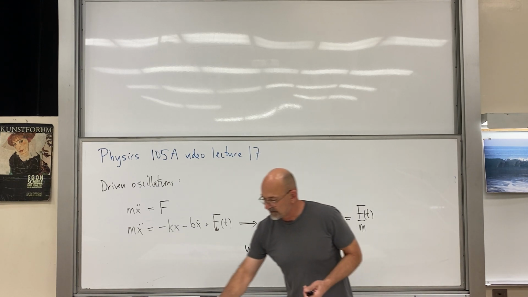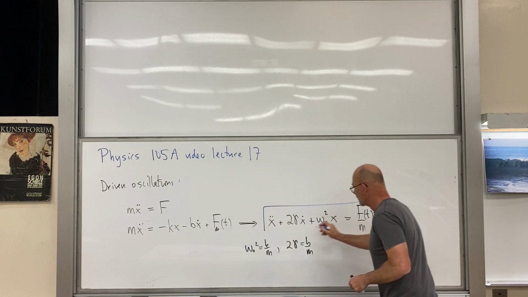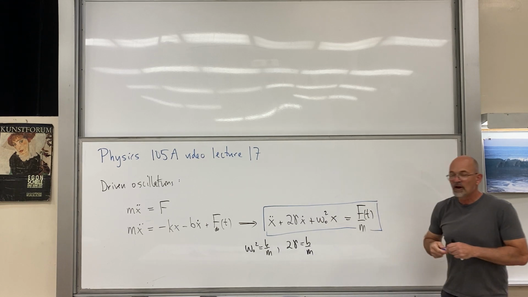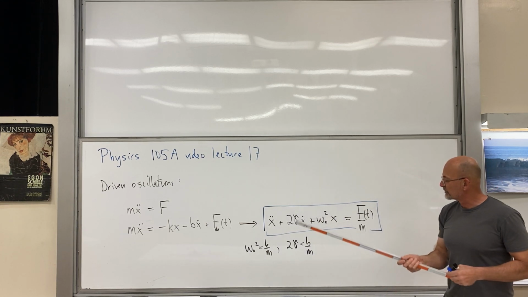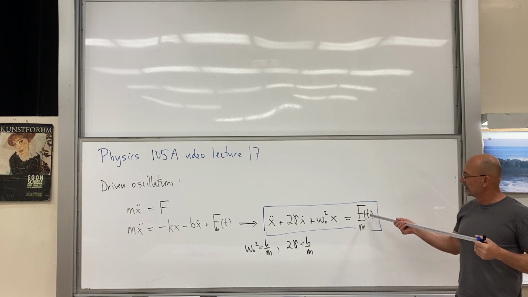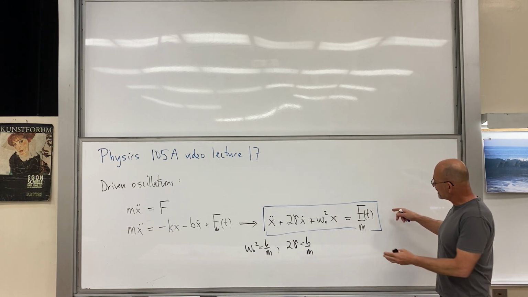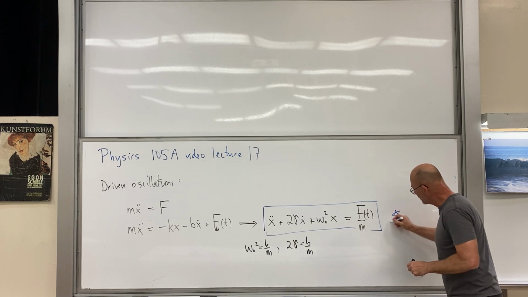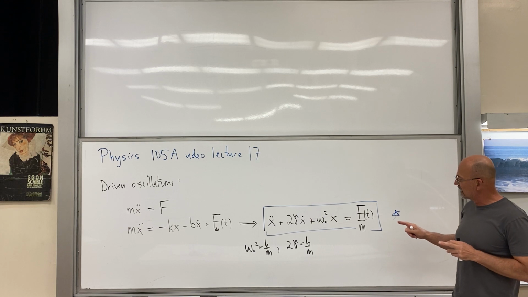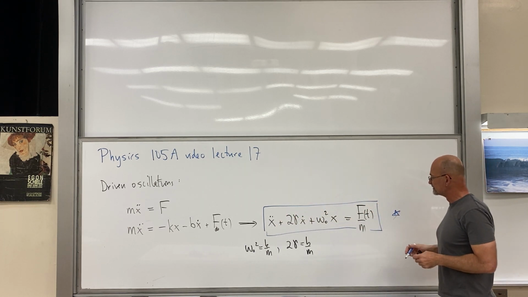So let's focus on this thing right here. This is what's called an inhomogeneous linear differential equation, because instead of a 0 on the right side, it has something. Okay. So this is the inhomogeneous equation. And if we're talking about this equation star, we can also talk about the homogeneous equation, which would just be the left side being equal to 0.